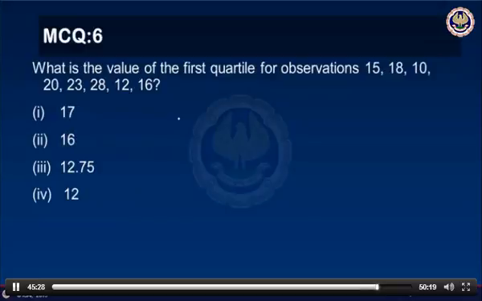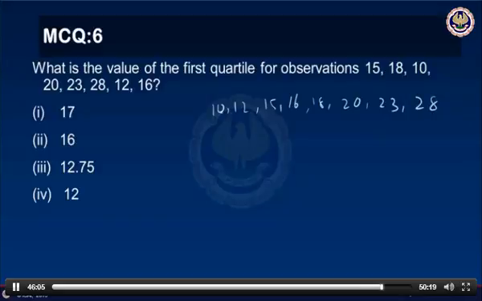What is the value of the first quartile of the observations 15, 18, 10, 20, 23, 28, 12 and 16? For finding the first quartile for this data, first we have to arrange it in increasing order, that is 10, 12, 15, 16, 18, 20, 23, 28.